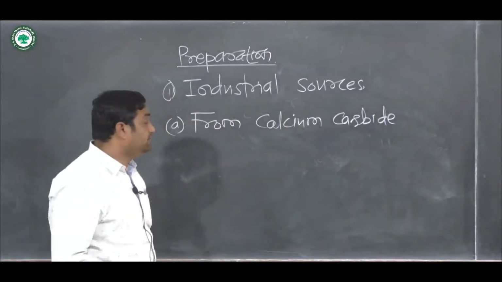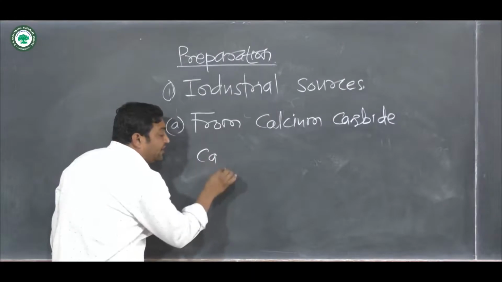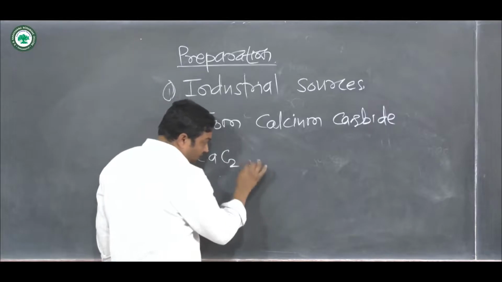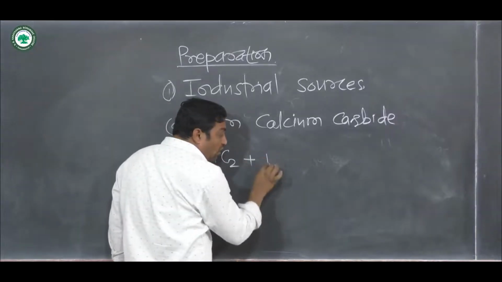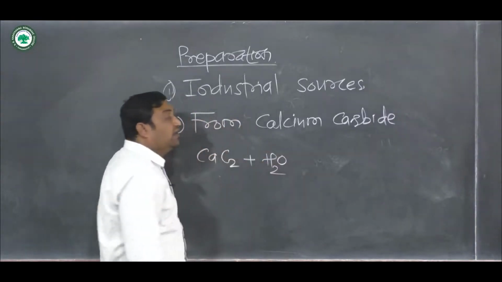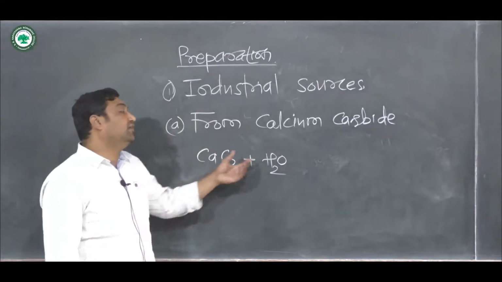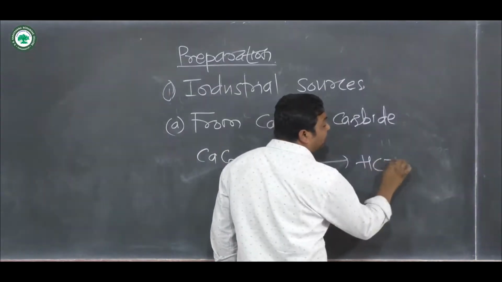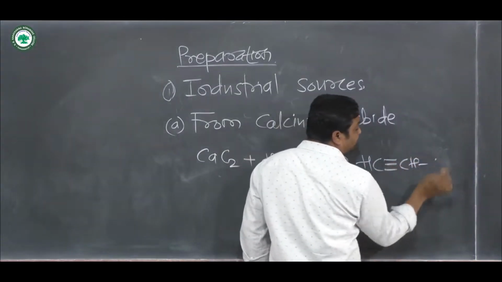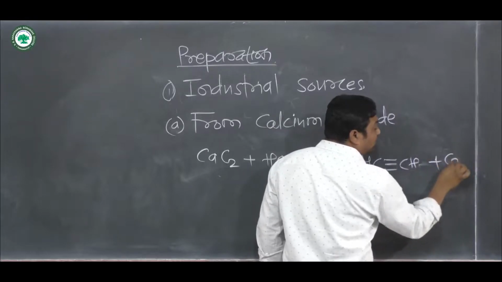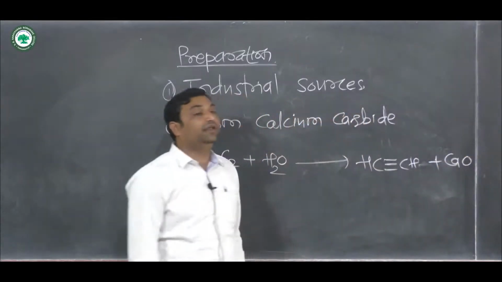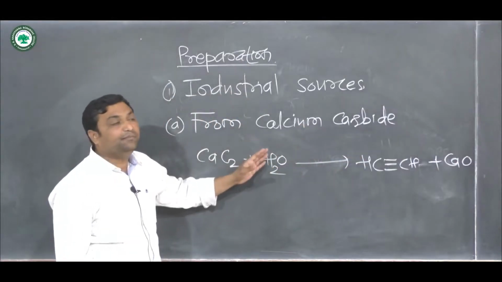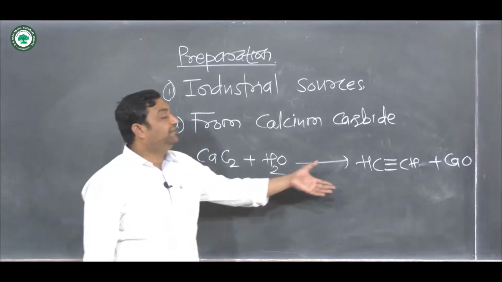When this calcium carbide is treated with water, that is, when calcium carbide undergoes hydrolysis, we obtain the acetylene molecule as a product. It is the simple preparation of acetylene.